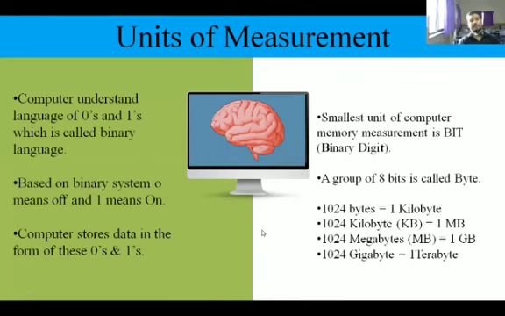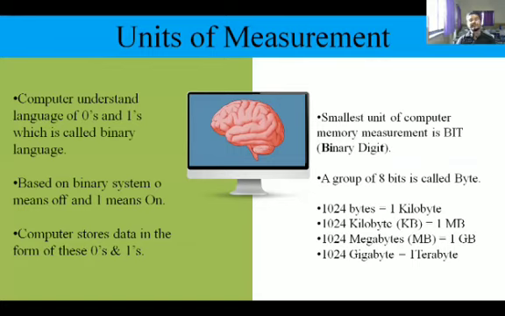But before that, we need to understand which language our computer understands. Does the computer understand Marathi or English or Hindi? No, it doesn't. The computer understands only the language of zeros and ones. 0 and 1 are only two digits.